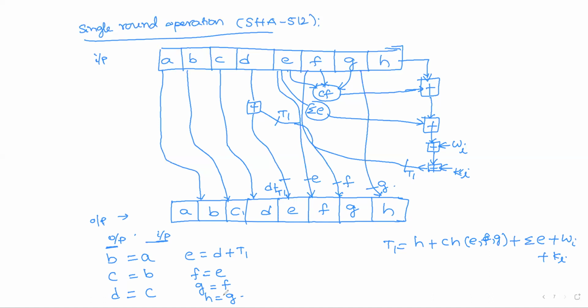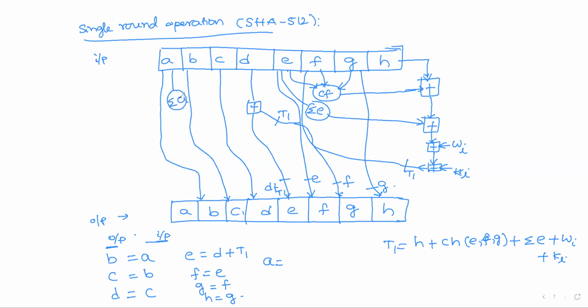Then one more buffer is left here, that is A. How is it initialized here, or the output A buffer, how we will take? This is given by, first on this A, you perform some rotation function.